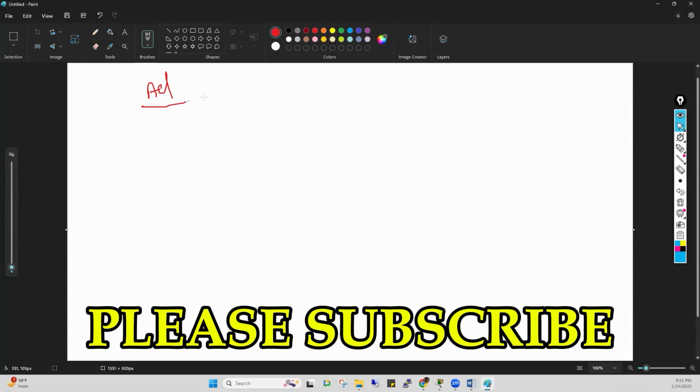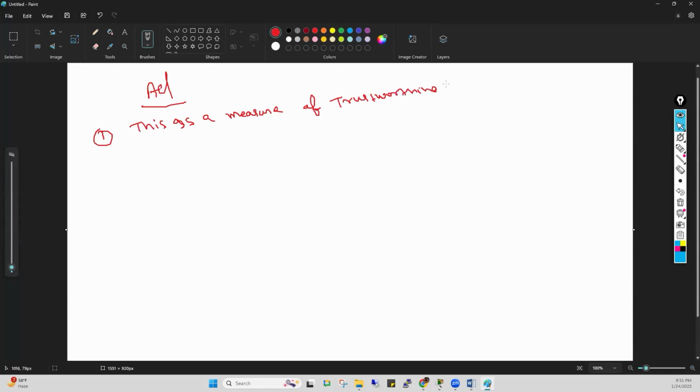Now, next is AD. AD means administrative distance. The first point you need to remember about the AD is that this is a measure of trustworthiness, or you can say reliability, of a routing protocol.